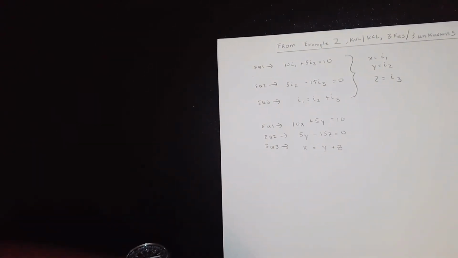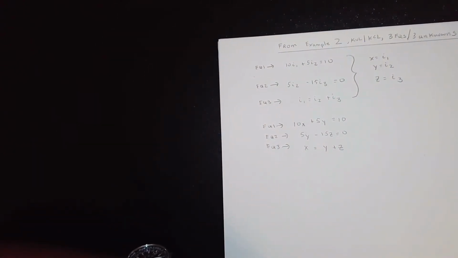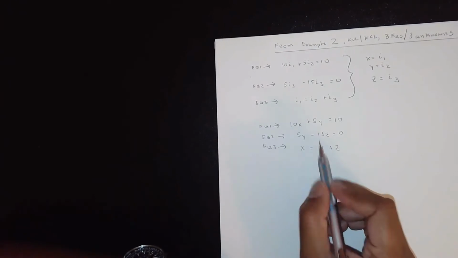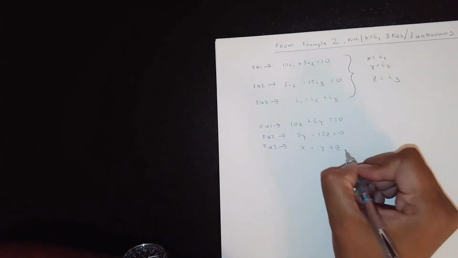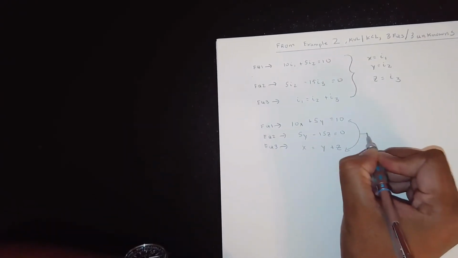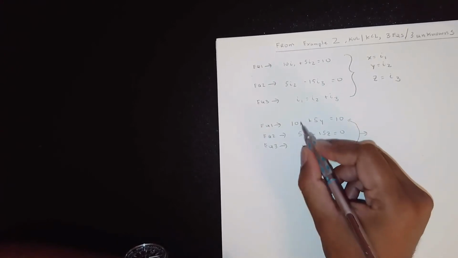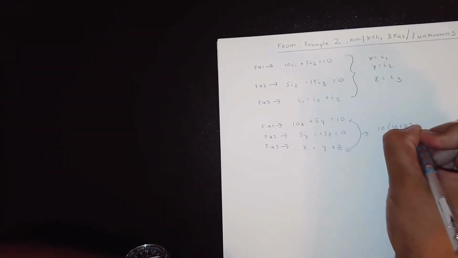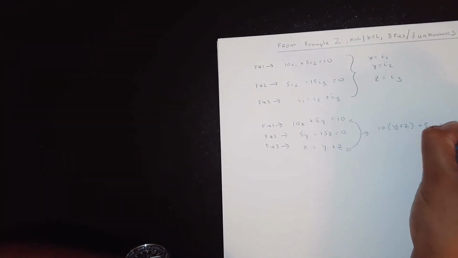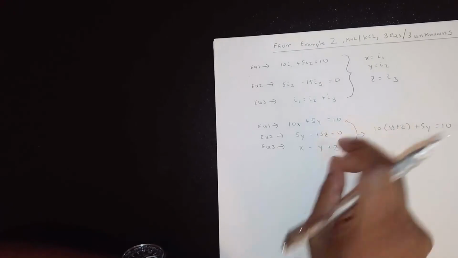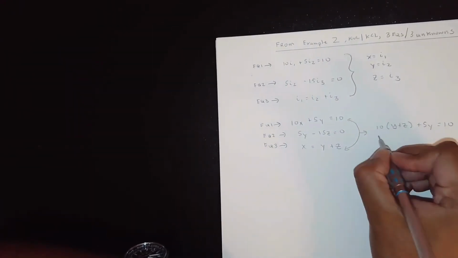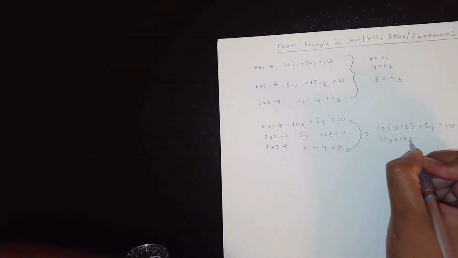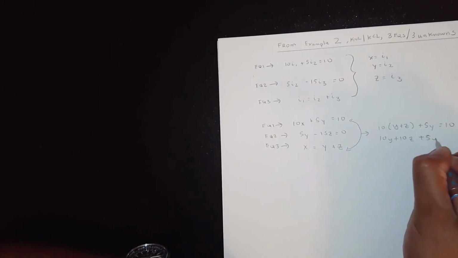And we did this earlier, but we're going to go ahead and simplify these together. What we can do is combine these two equations together, and you're going to plug in x into here. So you're going to take 10 times y plus z, plus 5y is equal to 10. Then you have 10y plus 10z plus 5y is equal to 10.